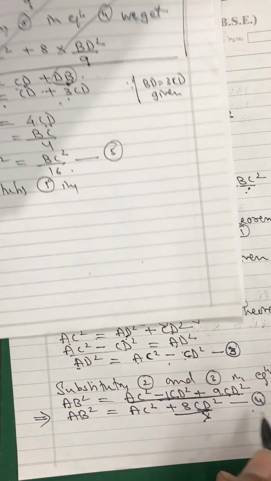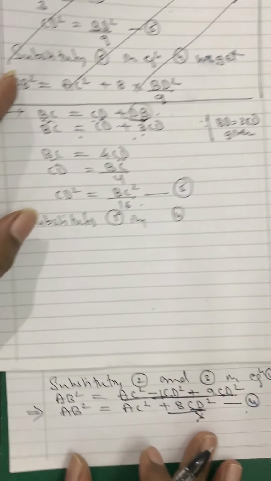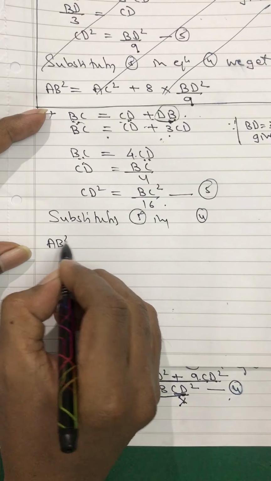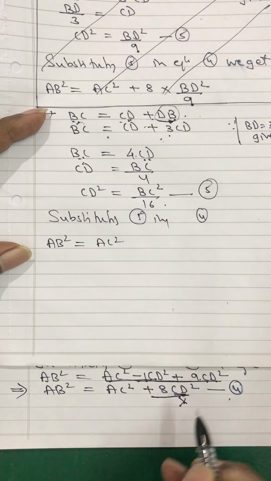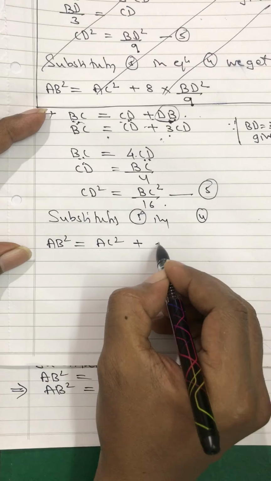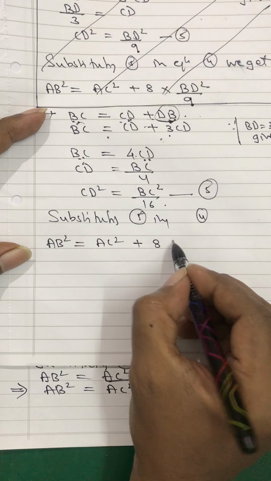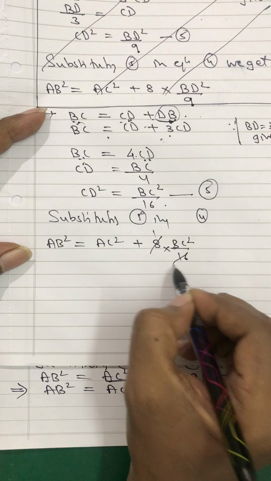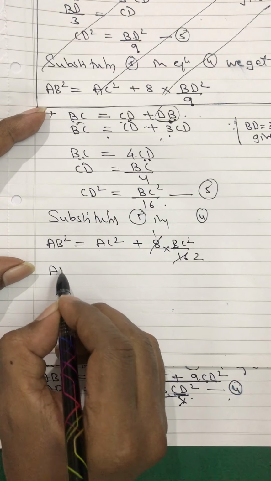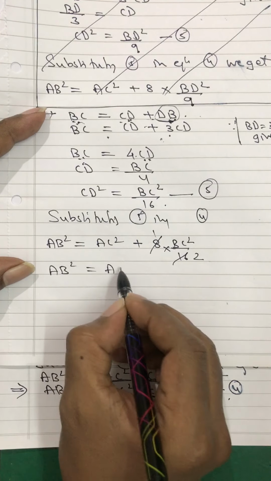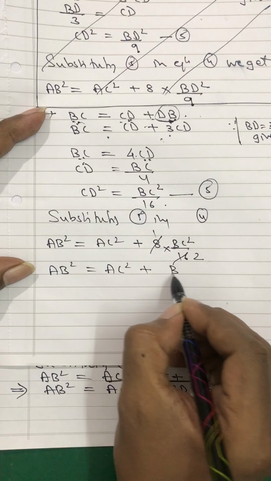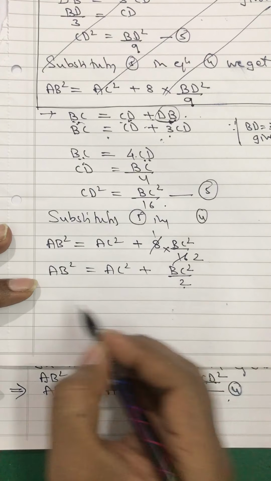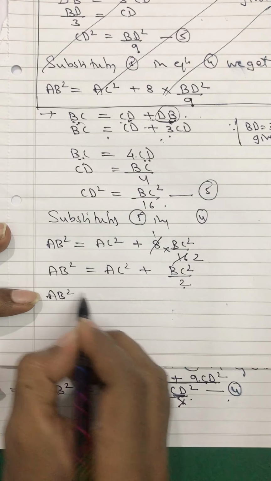So this is AB square is equal to AC square plus 8 CD square. And 8 CD square is what? BC square upon 16. So 8 ones are 8, 8 twos are 16. I get AB square is equal to AC square plus BC square upon 2. To remove this 2, I will multiply throughout by 2.